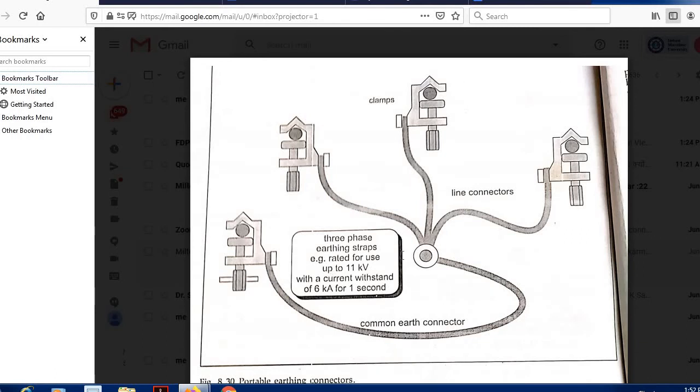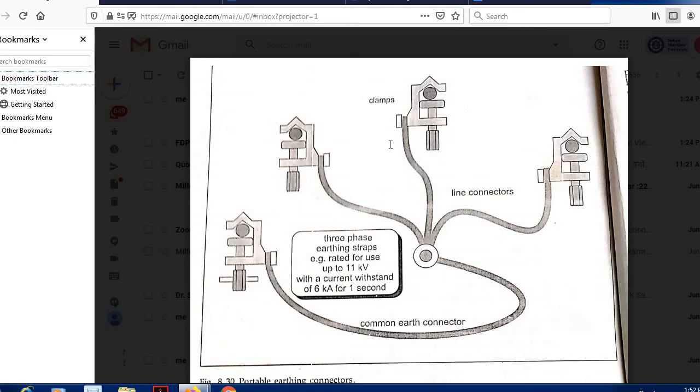Now, for checking the insulation resistance, can we use this 500 volt meter, which we have used for a 440 volt system? No, we cannot. It will not give the reading. We will have to go for 5000 volt up to 6.6 kV. As we go for even higher voltage, we will have to increase the test voltage further.